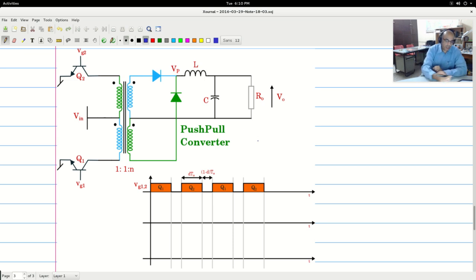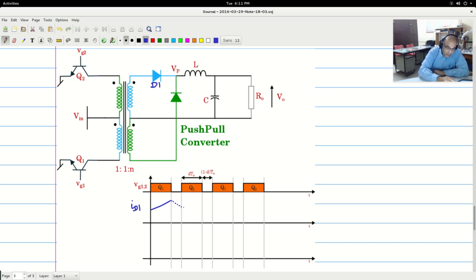First let me take the diode current D1. I will call this one ID1. During the time when Q1 is on, the diode D1 will be conducting, so it will take the same wave shape as the inductor current. Then the inductor current will, I'm now going to put it dotted, go in this shape.